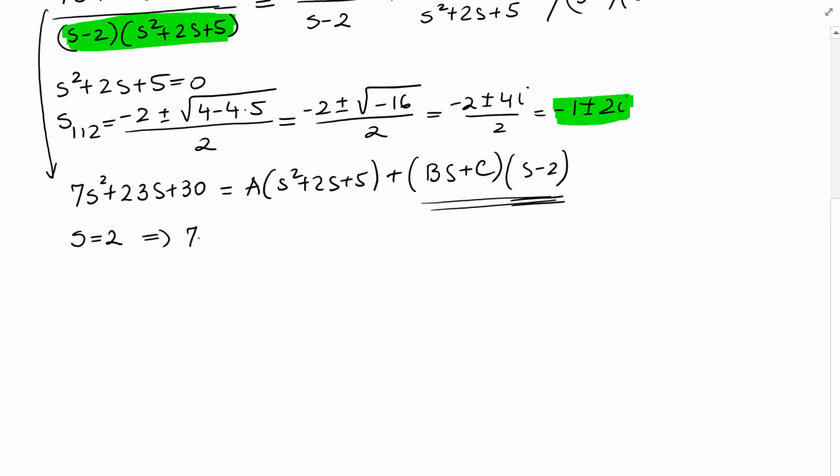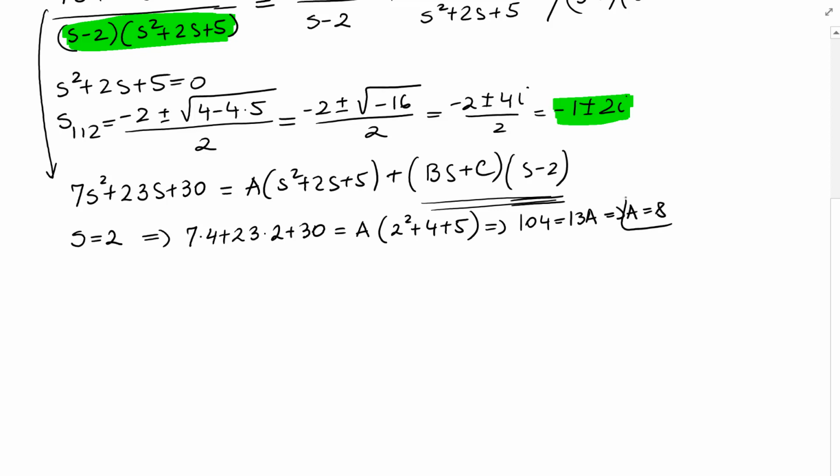So 7 times 2 squared plus 23 times 2 plus 30, that's the left hand side, equals a times (2 squared plus 4 plus 5). So if we do the math, we end up with 104 equals 13a. So a equals 8.